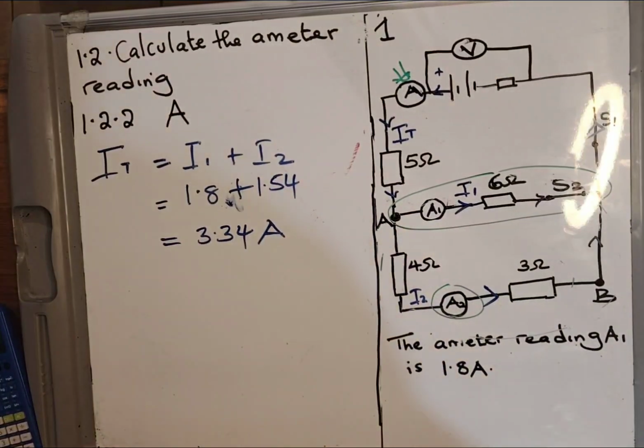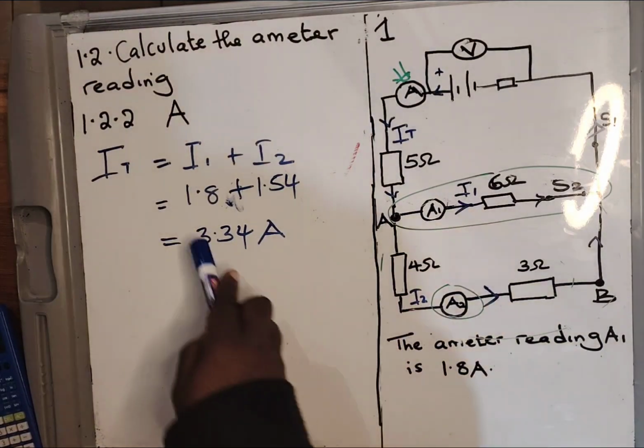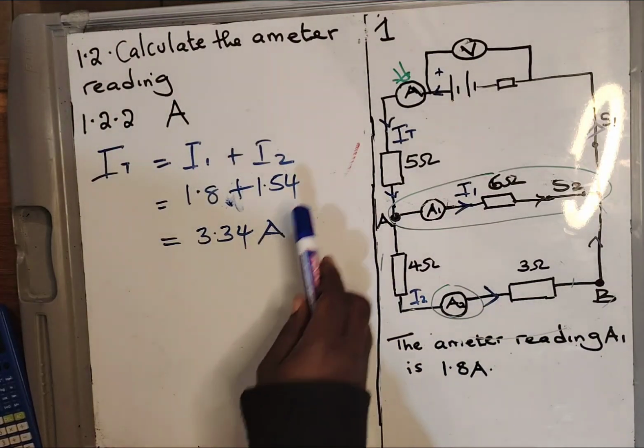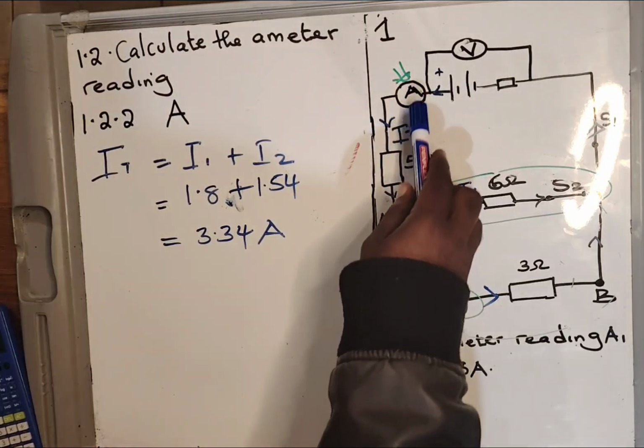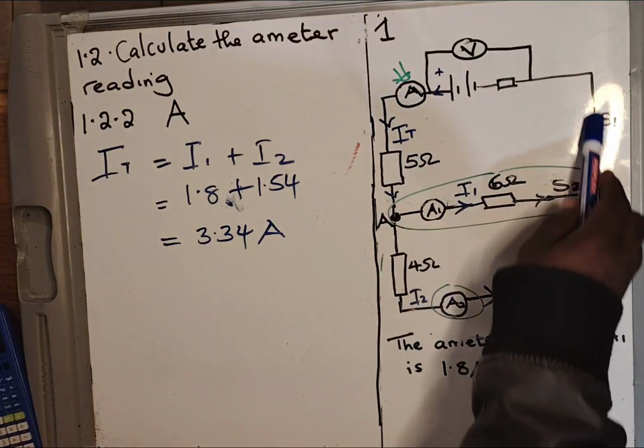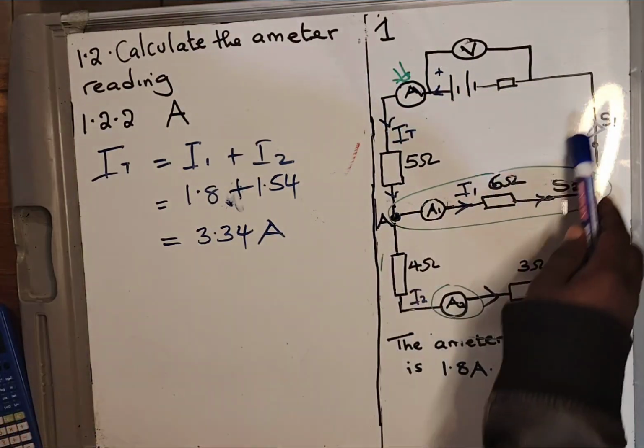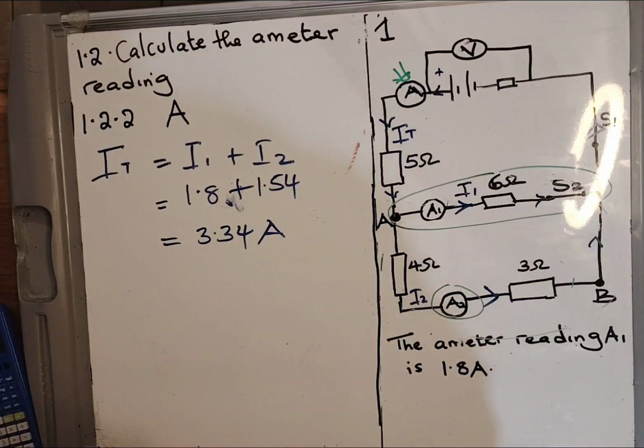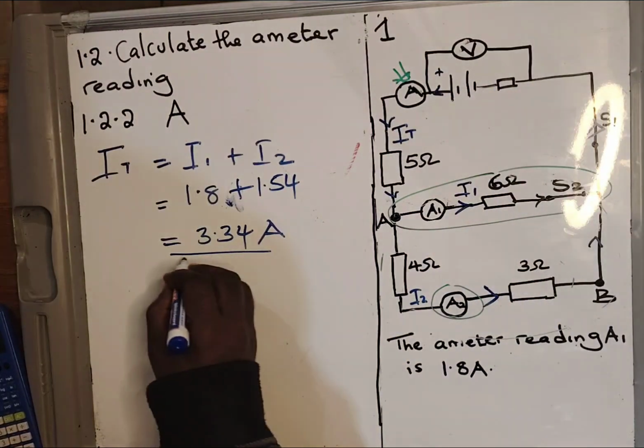Our I2, which we calculated previously, is 1.54. So the sum of the two will give you the I total we are looking for, the total current which goes through that ammeter or through this main body of the circuit. So this is the answer we have been looking for.